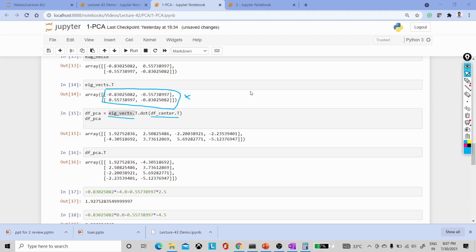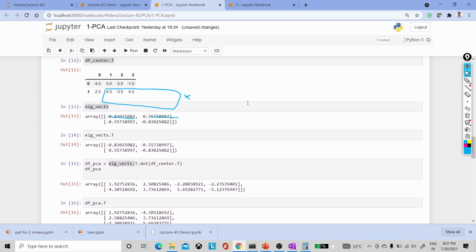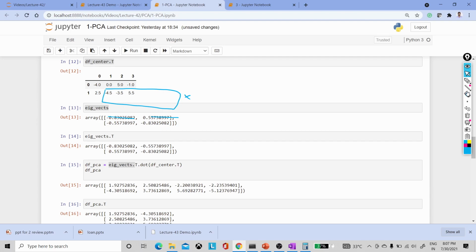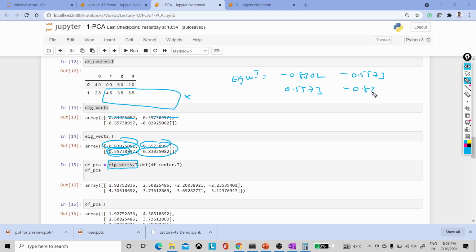The eigenvectors transpose means minus 0.8302, minus 0.5573, 0.5573, and minus 0.8302. This is the eigenvector transpose value.